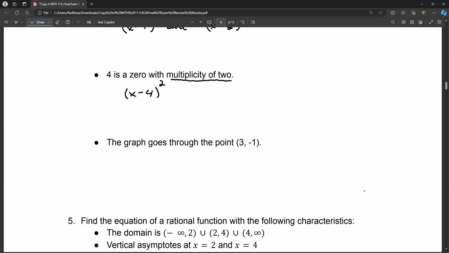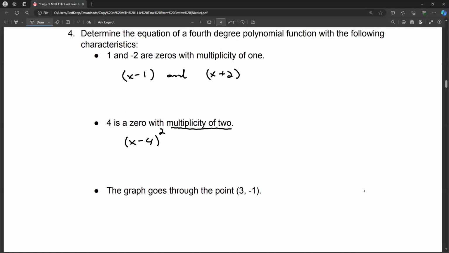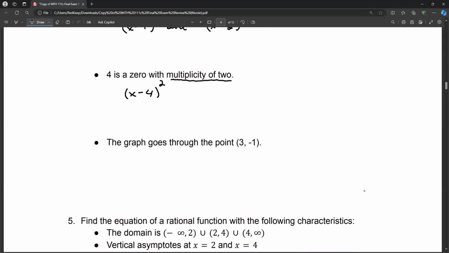Okay, so moving on, they say the graph goes through the point (3, -1). So at this point, we know this is a 4th degree polynomial. So we have actually described all of the factors, and we can put that together. I'm going to go ahead and just label this f. So I know then that f of x is equal to x minus 1, x plus 2.